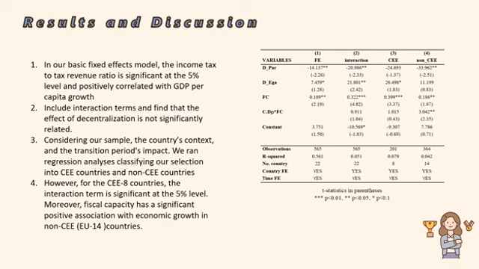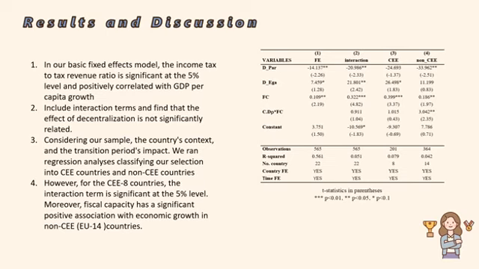Considering our sample, the country's context, and the transition period impact, we ran regression analysis, classifying our sample into CEE countries and non-CEE countries. At this point, we found very different results.